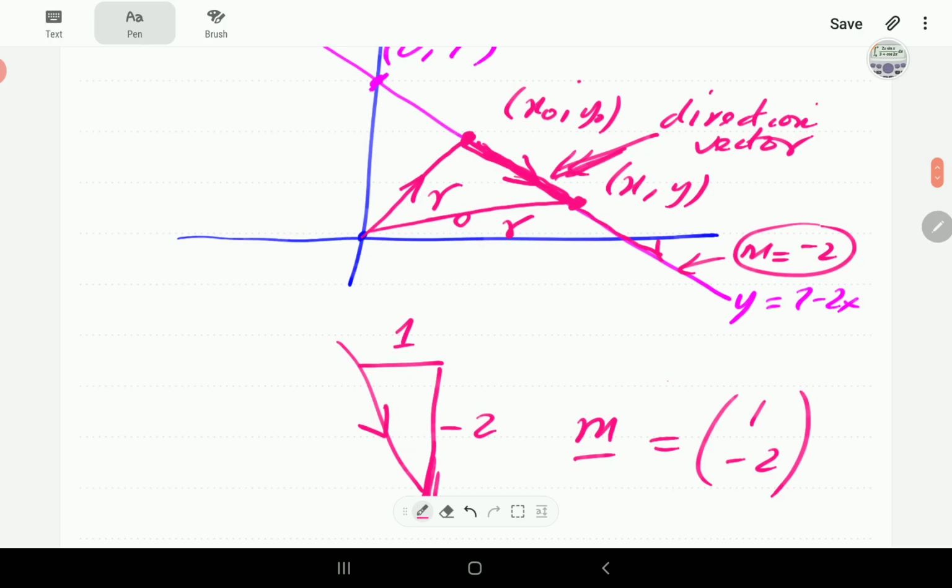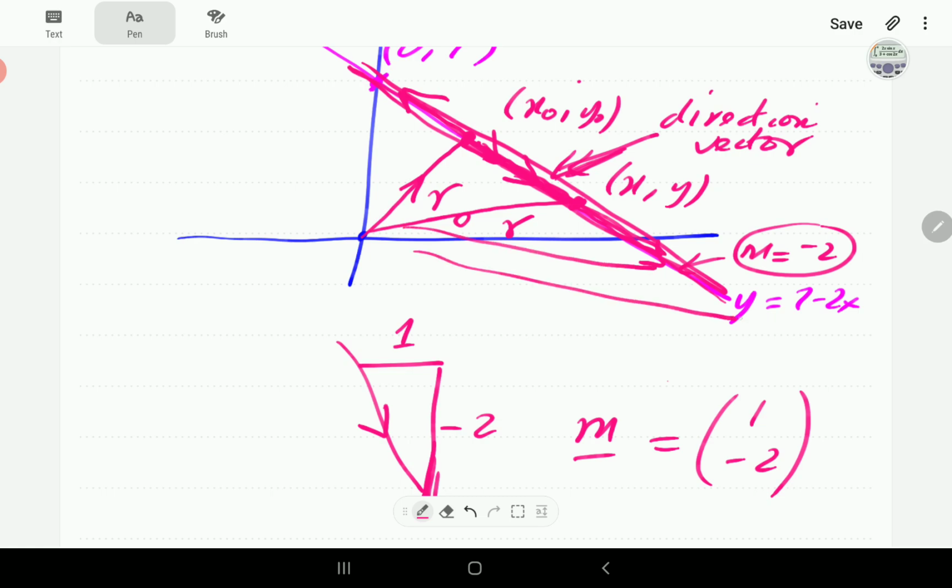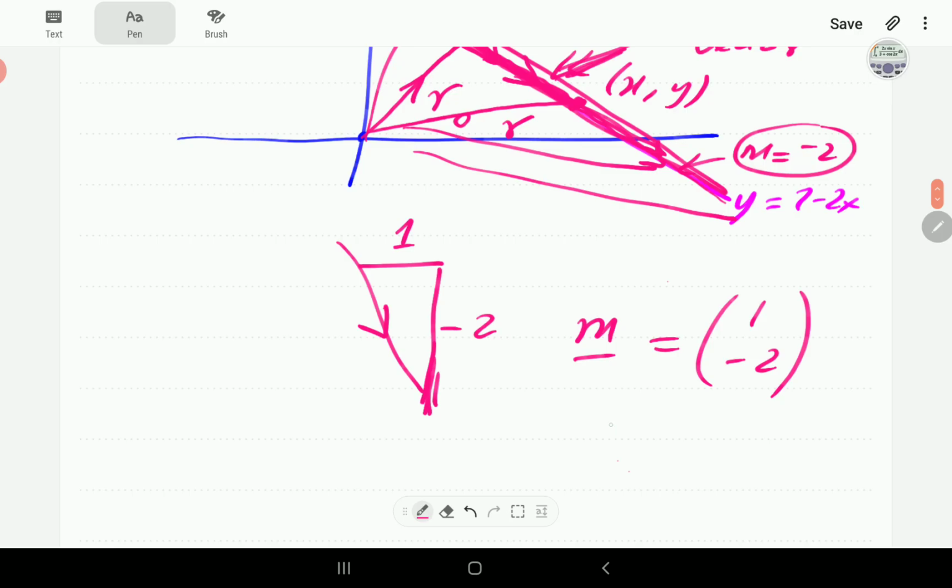Sometimes we want it to be longer, sometimes shorter, sometimes we want it to go the other way around, because we want to cover all the points on this line. So when it's this long, we've got that position vector, that position vector, and so on.